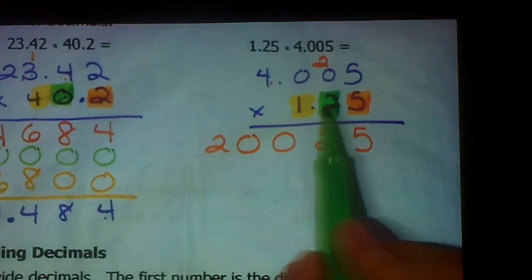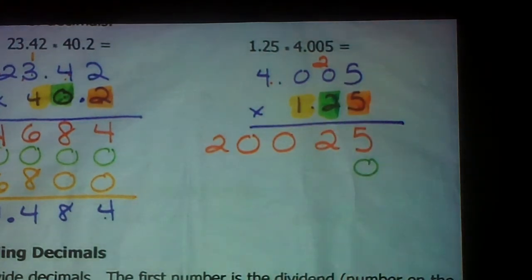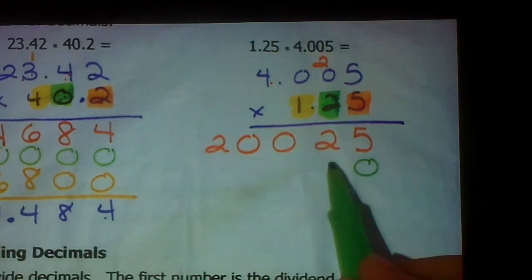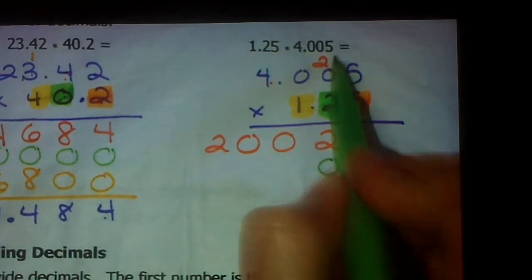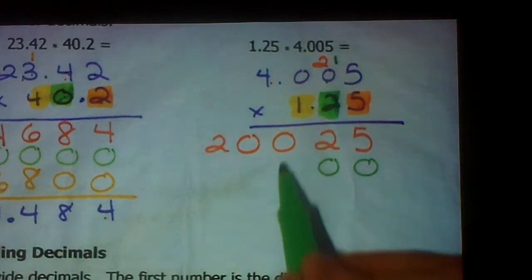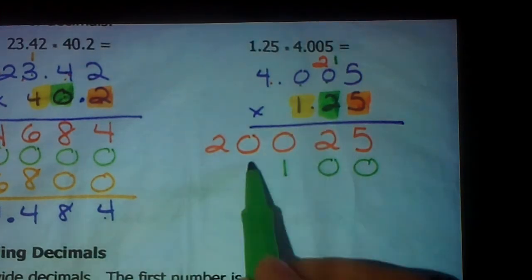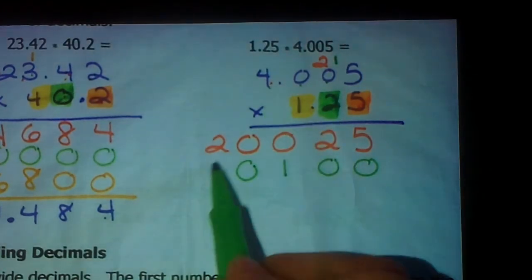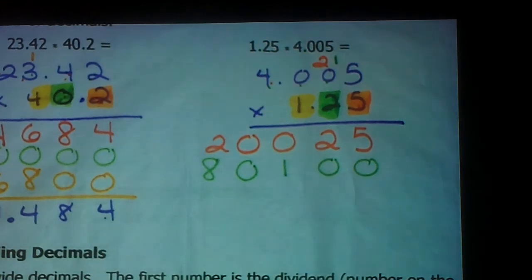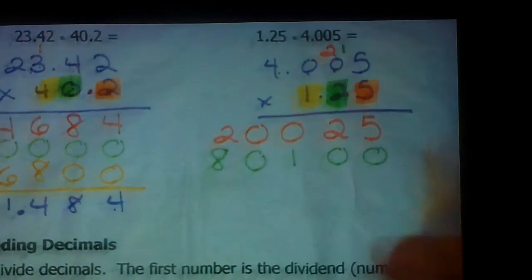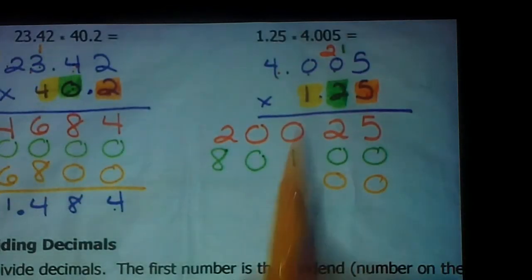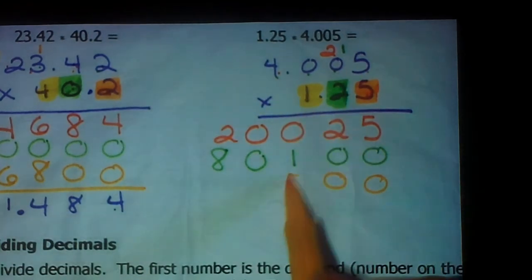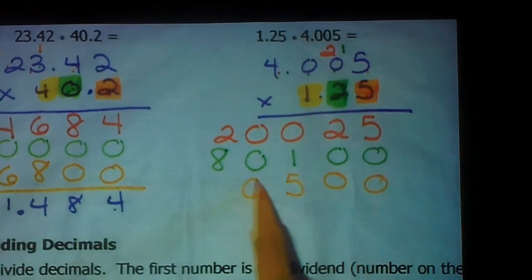Next row, and then multiply everything by the green 2, putting a place value holder right there. 2 times 5 is 10. 2 times 0 is 0 plus 1 more. 2 times 0 is 0. 2 times 4 is 8. All right, next row, I'm in the third place, so I need place value holders. 1 times 5. 1 times 0.